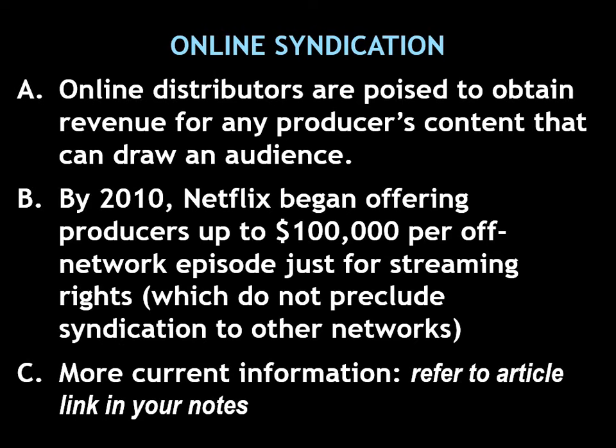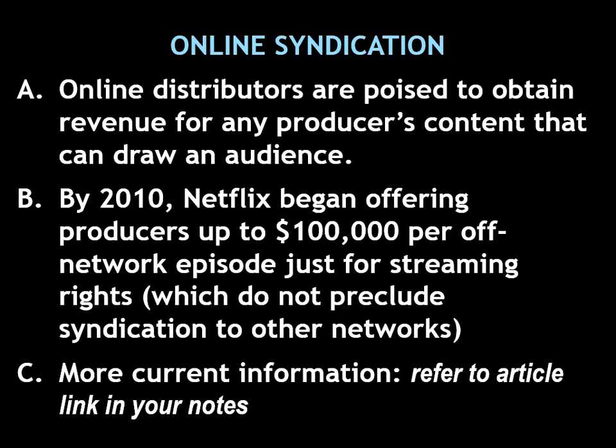Online distributors are poised to obtain revenue from any producer's content that can draw an audience. As of 10 years ago, Netflix began offering producers up to $100,000 per off-network episode just for the streaming rights. That doesn't preclude syndication to other networks. So the streaming services, whenever they pay per episode of a particular program, are not necessarily getting exclusive rights, compared to what happens over broadcast and cable.